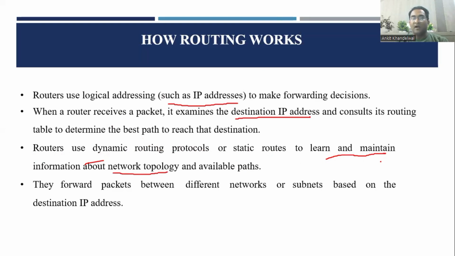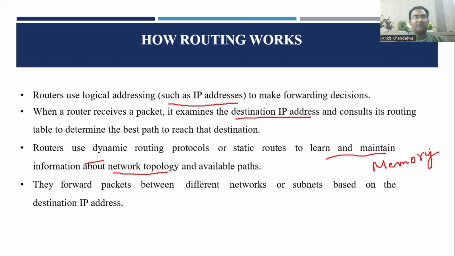So it also has its own memory in which it stores the IP addresses of the networks, so that in future when the packets are received by that particular router, they can travel from that router to another router. So they forward packets between different networks or subnetworks based on the destination IP address.